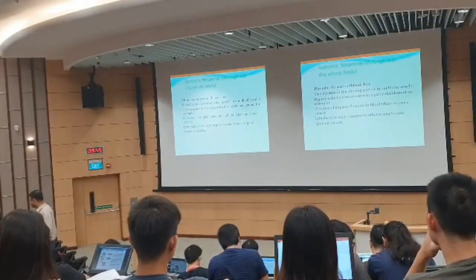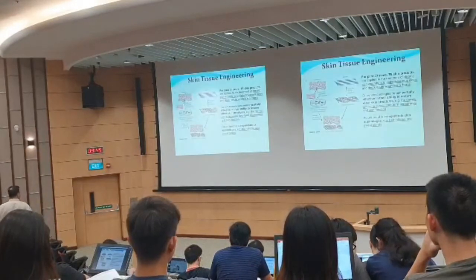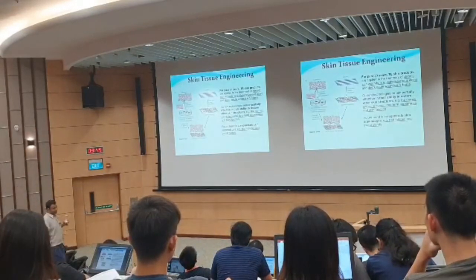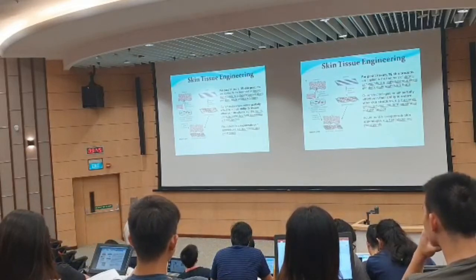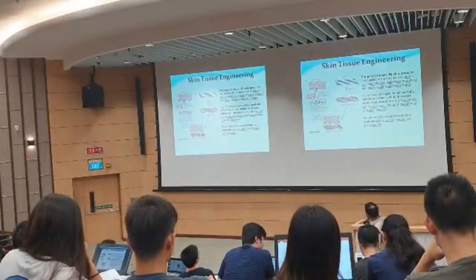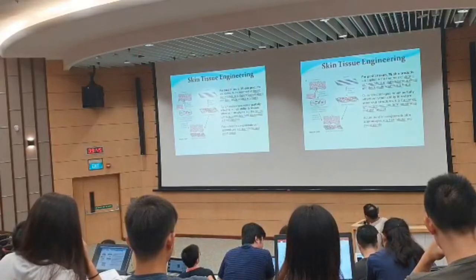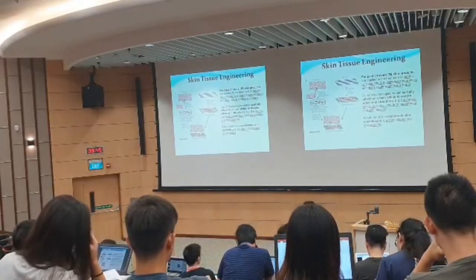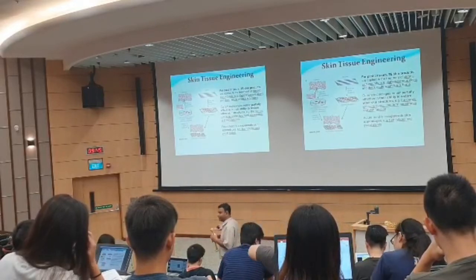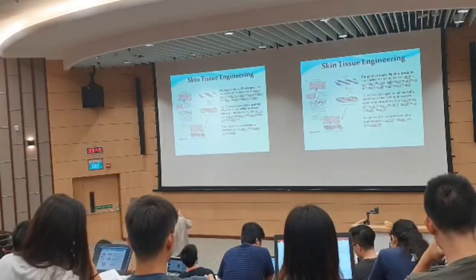Now, skin tissue engineering. So this is the part of the skin. We take certain cells and we expand these cells in the lab, and nonetheless we have the scaffold here.